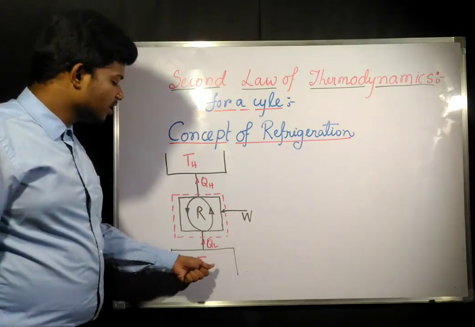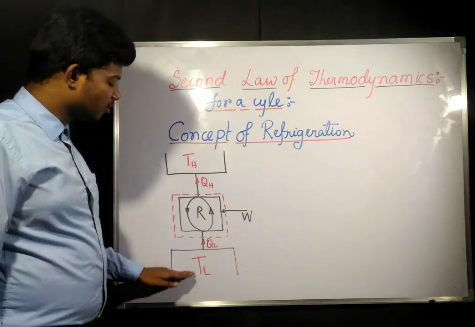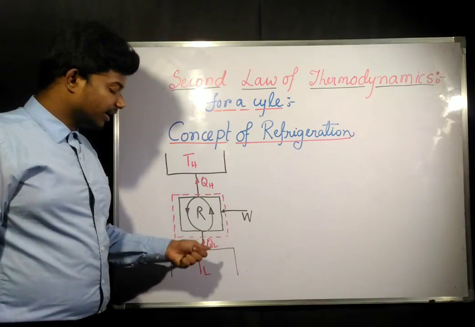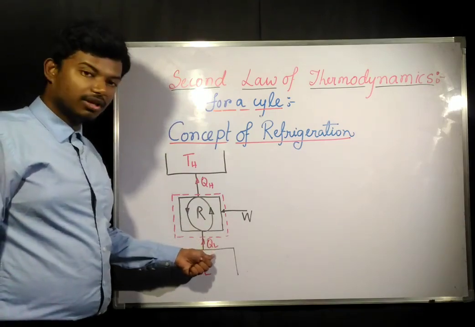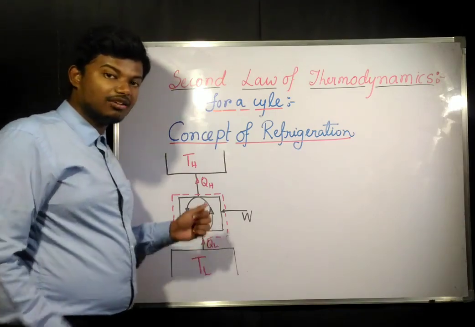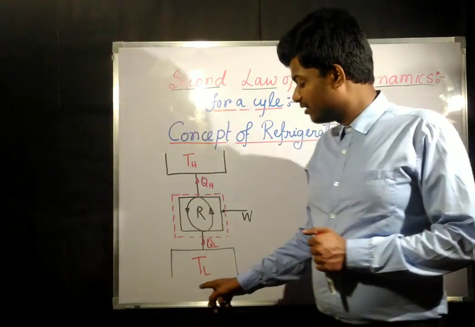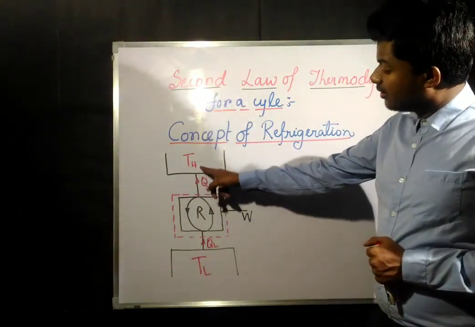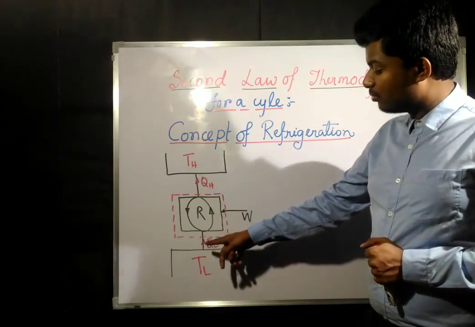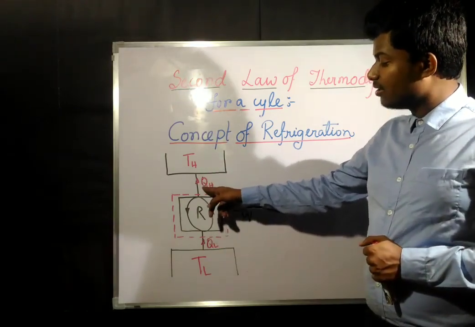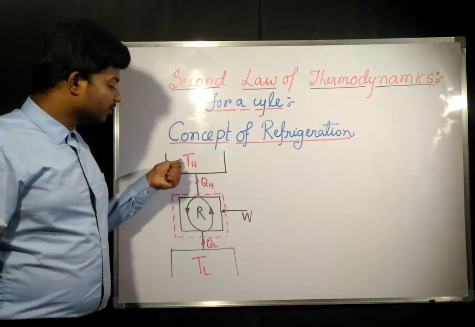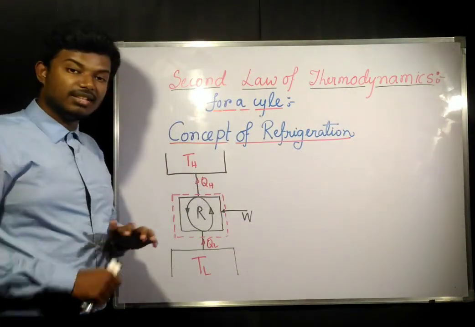So from this confined region we are taking out some heat, that is QL. That means the heat taken out from the lower temperature is QL, and this is QH, the heat we are going to transfer to the higher temperature.